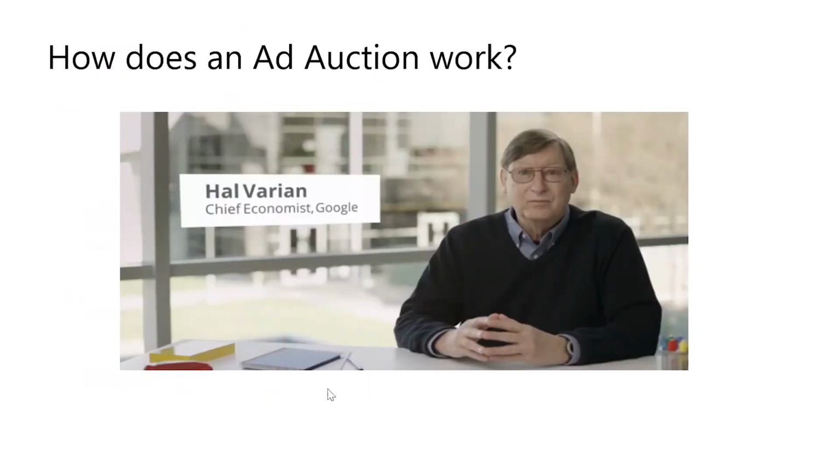To understand how the ad auction works, you might want to watch this video by Hal Varian, who is the chief economist at Google, and he explains the Google Ads auction beautifully. You can find the video on YouTube. I'll also share a link as an addendum to this video that I am creating.